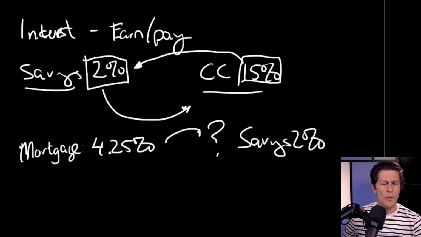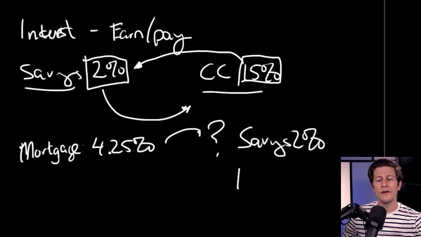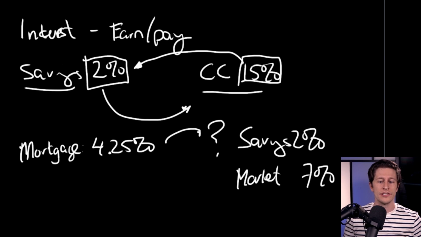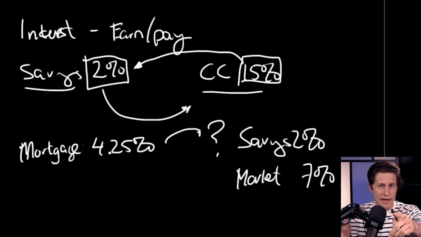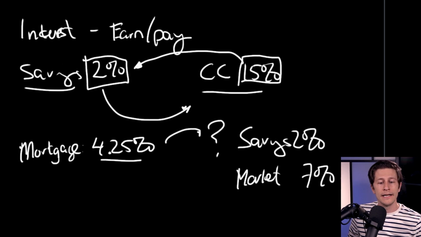Because a lot of times people say, well, I've got this mortgage at 4.25, but the market over a long period of time returns 7%. Great. Is your asset allocation, check my asset allocation video, such that if you were not putting the money into the mortgage, you actually would put it in the market? Or is that not actually the asset allocation that you've determined?